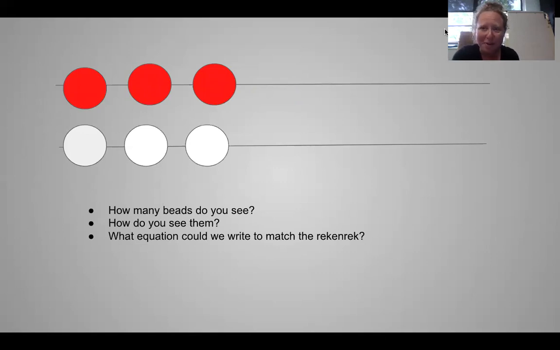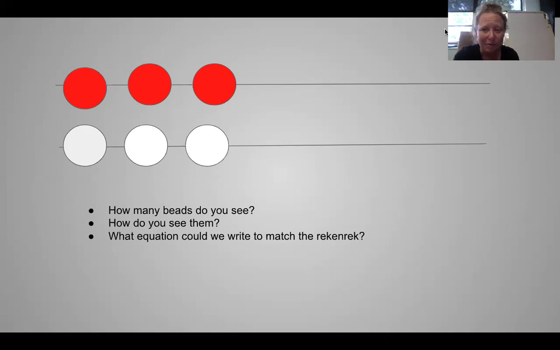Here's our new Rekenrek. How many beads do you see? How do you see them? What equation could we write that would match this Rekenrek?